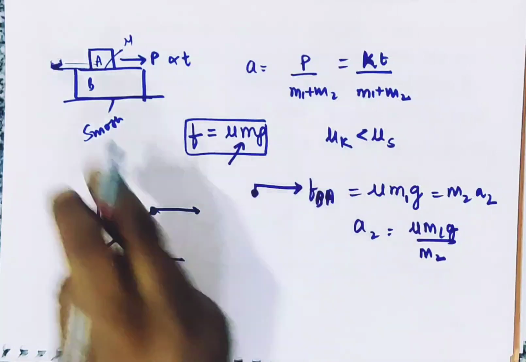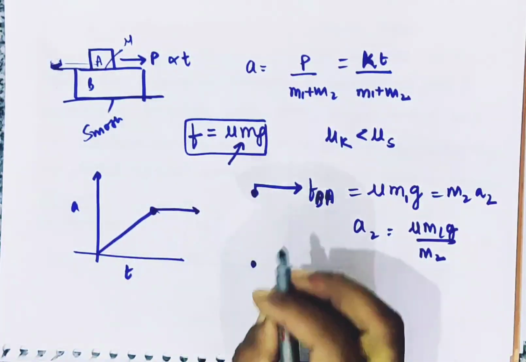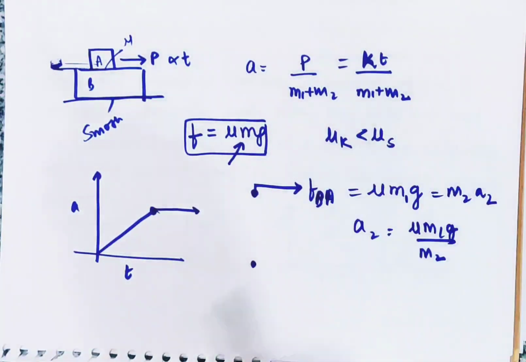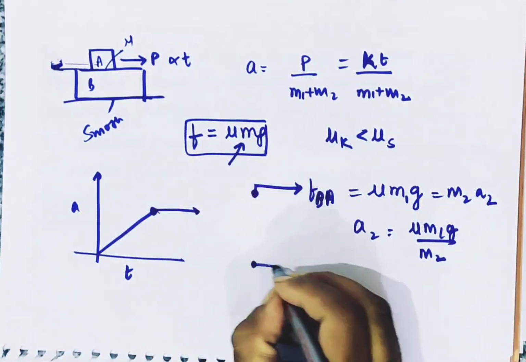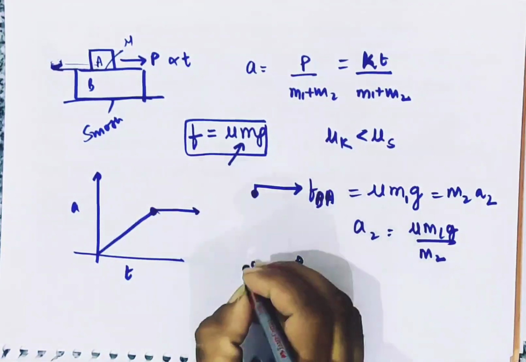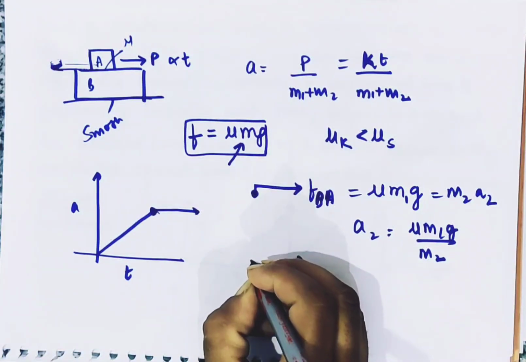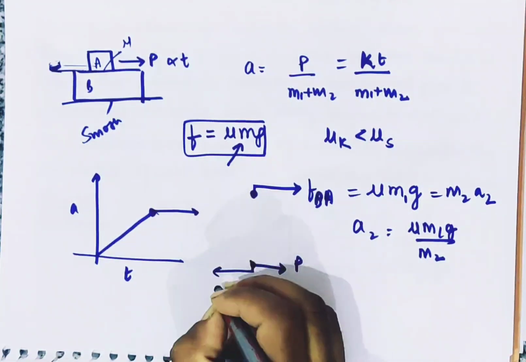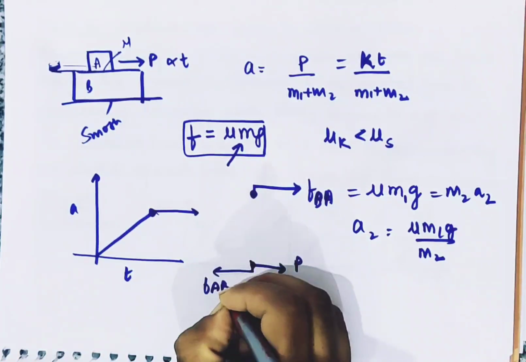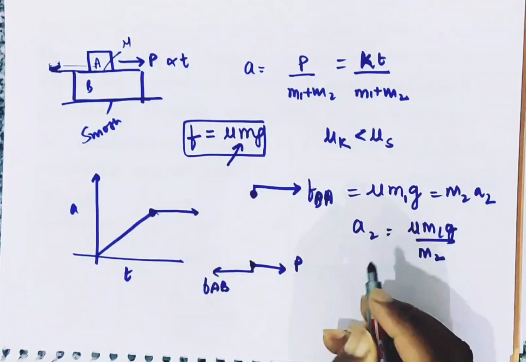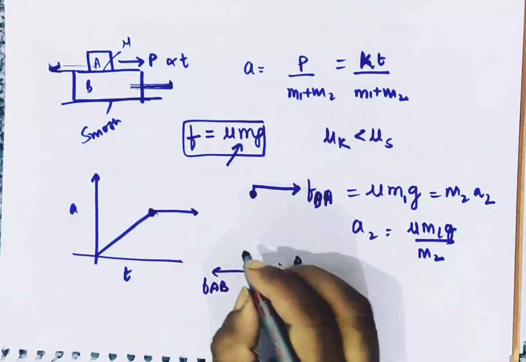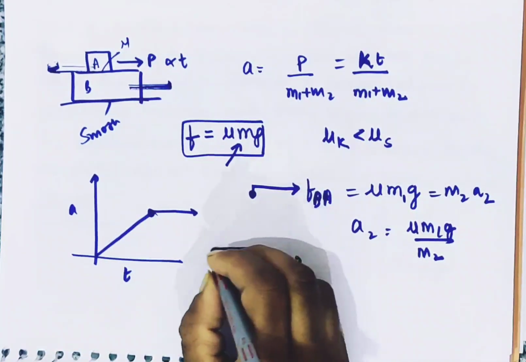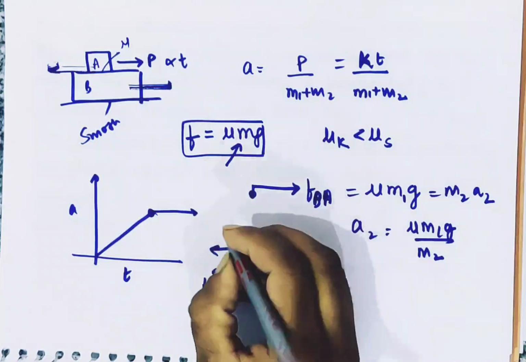Now, if we talk about block A, what happens after this certain point has been reached where the friction has become mu m1g? This is the force P, which is time dependent. The friction acts on A due to B. However, since this block is also accelerating, becoming a non-inertial frame, a pseudo force m1a2 also has to be applied in the backward direction.